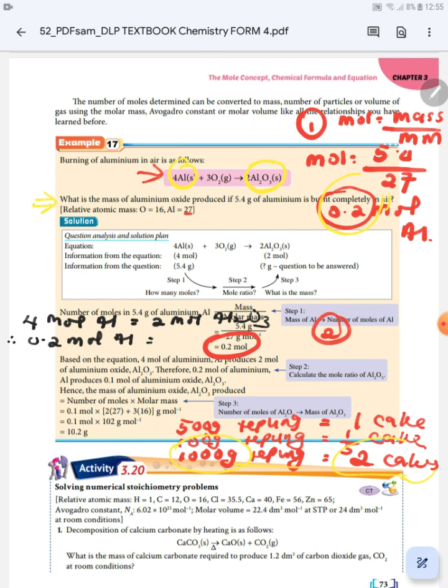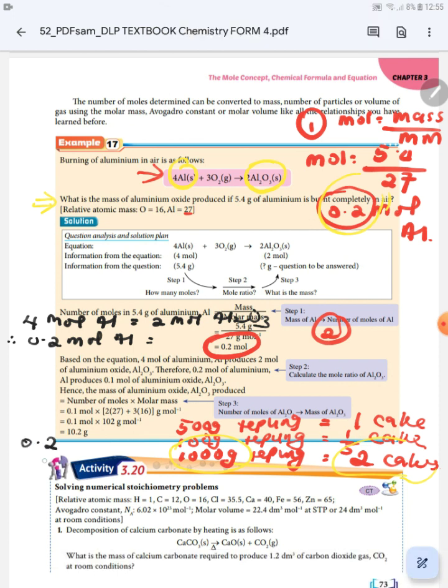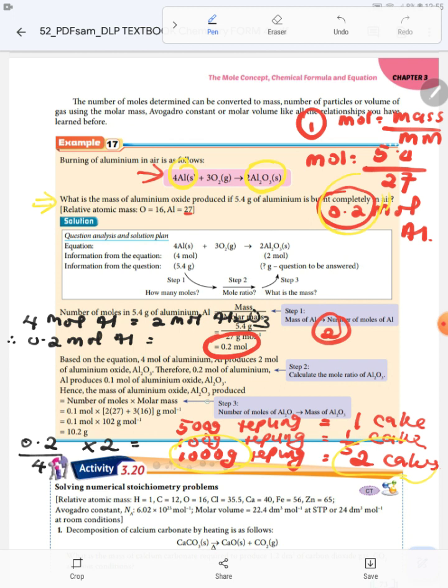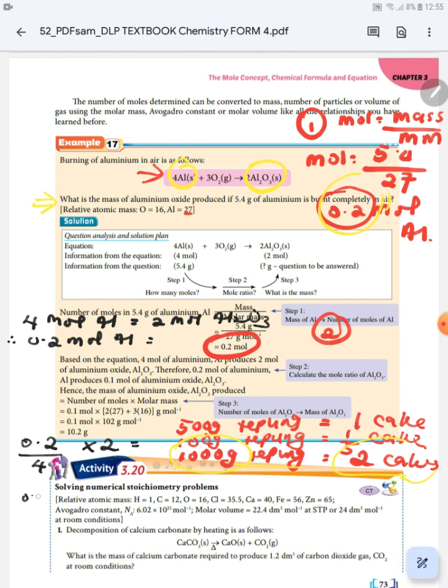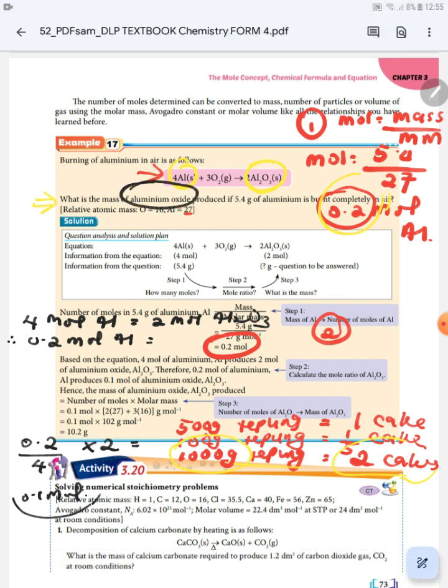How many mole of aluminium oxide is produced? So, 0.2 divide by 4 times 2, you akan dapat number of mole is 0.1 mole. Now we have the number of mole of aluminium oxide.